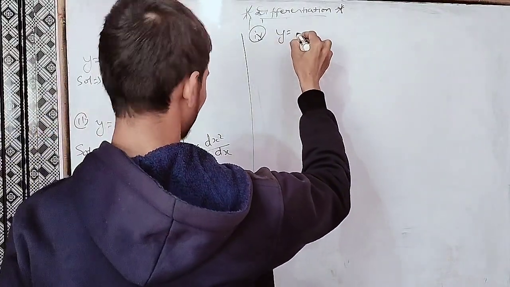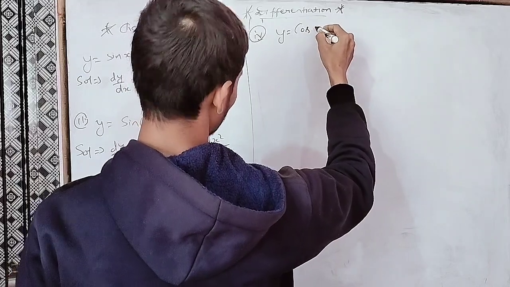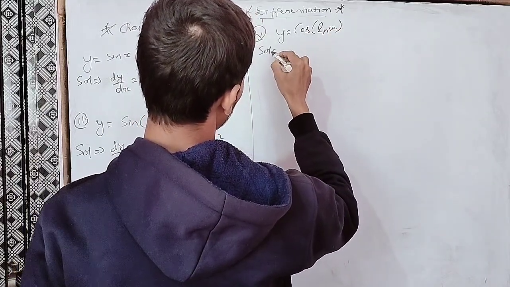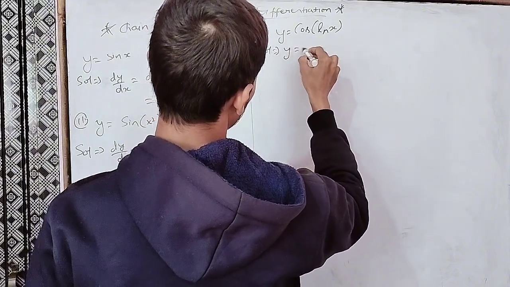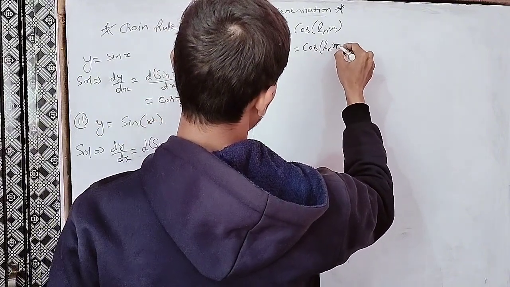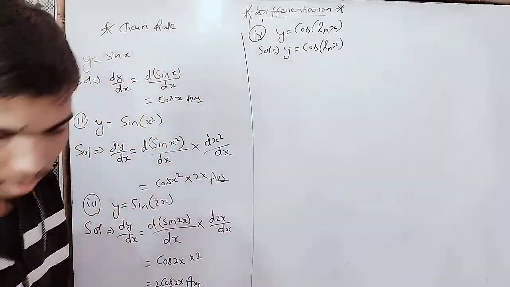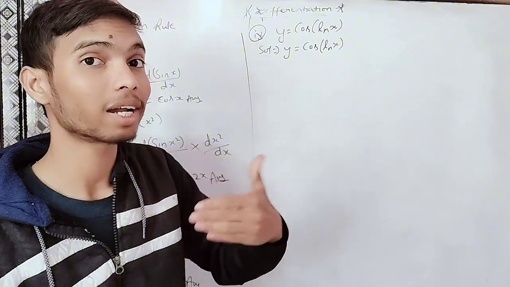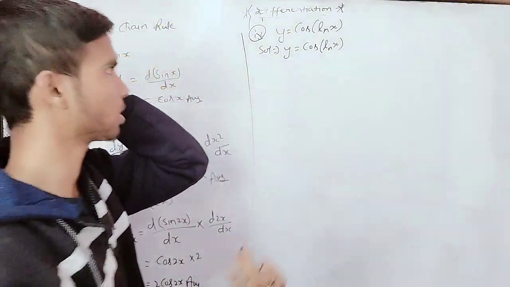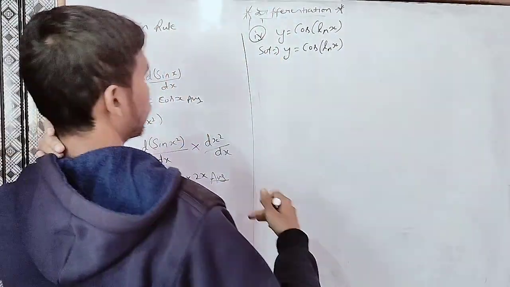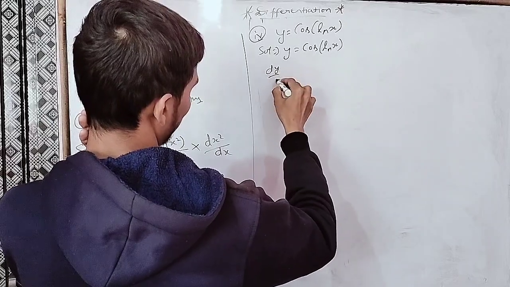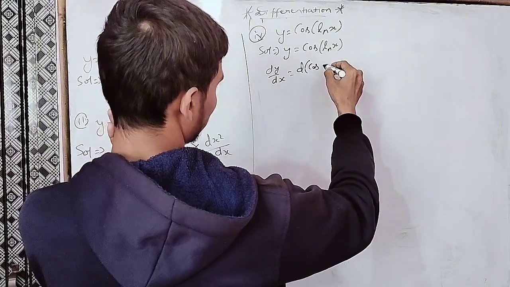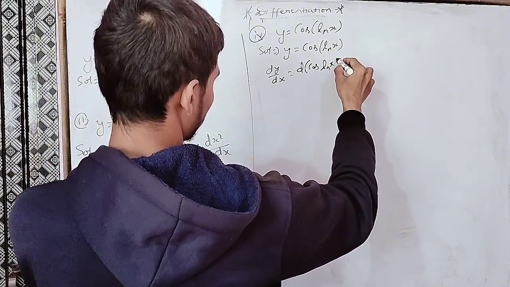y is equal to cos ln x. So first of all, we have cos, then we have only ln x. That is very simple, but it is in chain rule. dy by dx. First of all, we have cos of ln x.